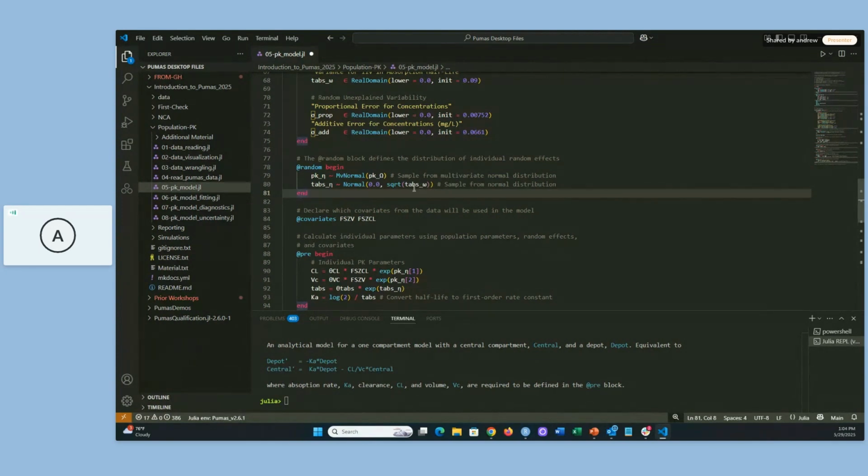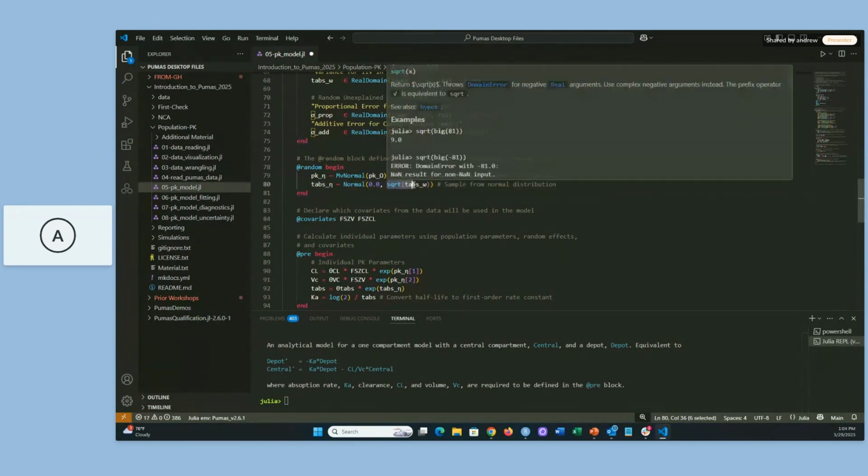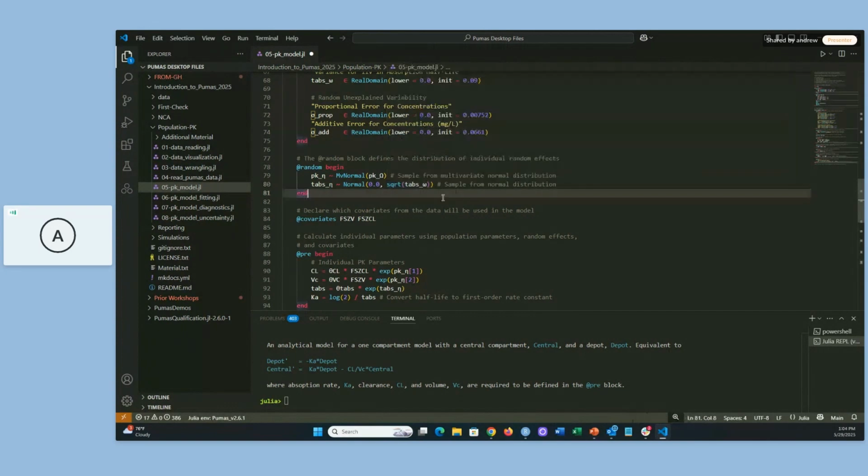For each of these, we use the square root of this particular omega value. I believe, and correct me if I'm incorrect, that VJ talked about the difference between the different types of residual and IIV items, so omega versus eta values.